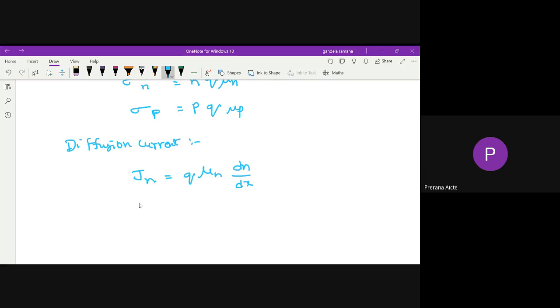Electron charge is minus, and with respect to distance the concentration decreases, so that is minus.